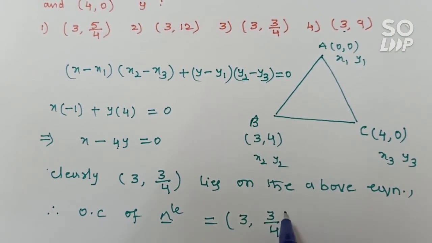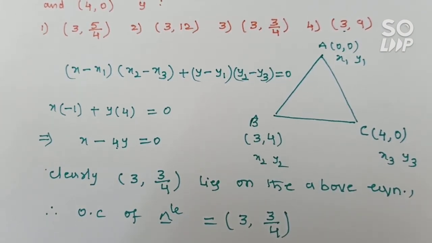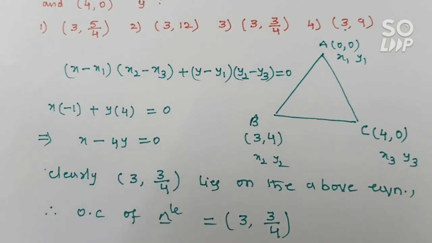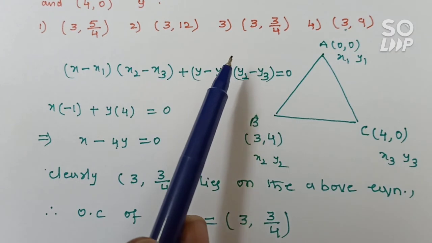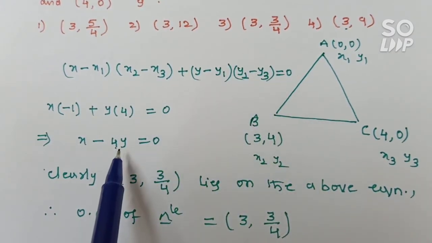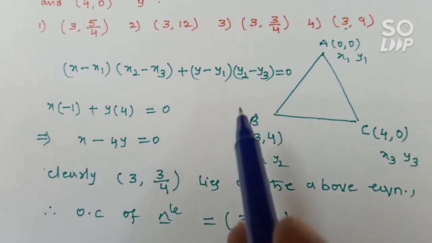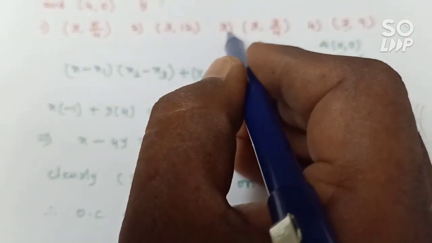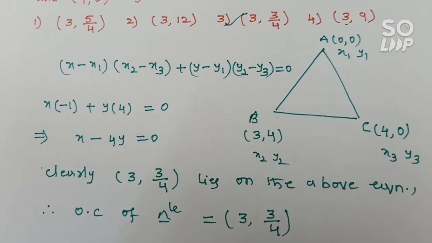This one is the correct option. Once again I am reminding you, if more than one option satisfies this altitude, then, as I already said, find one more altitude and substitute to see which option satisfies the first one. Now only one point will satisfy, and that is the correct answer. So here the third option is the correct answer. This is the orthocenter of the triangle formed by the given points.